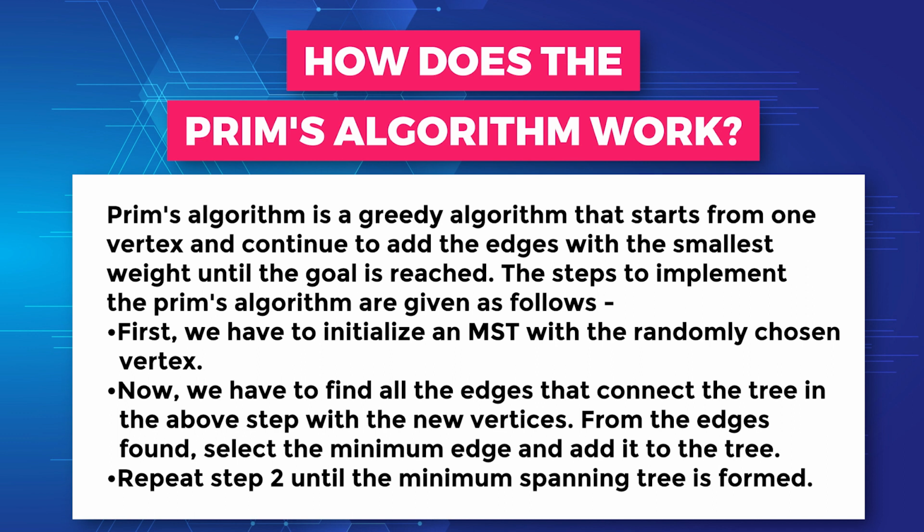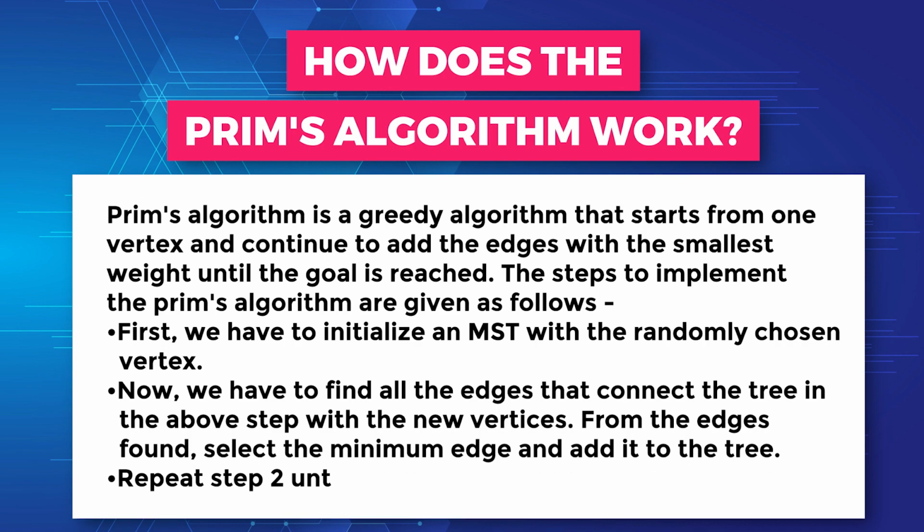Next, find all the edges that connect the tree in the above step with new vertices. From the edges found, select the minimum edge and add it to the tree. Repeat step 2 until the minimum spanning tree is formed.